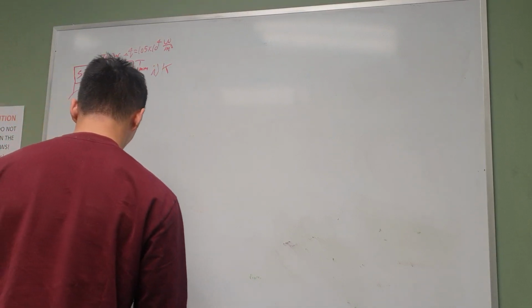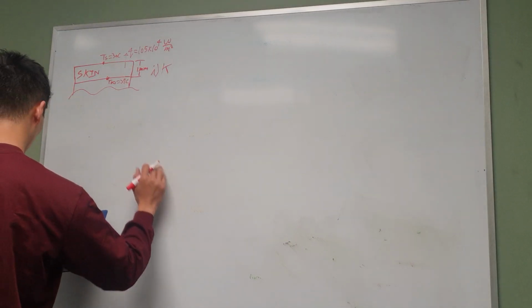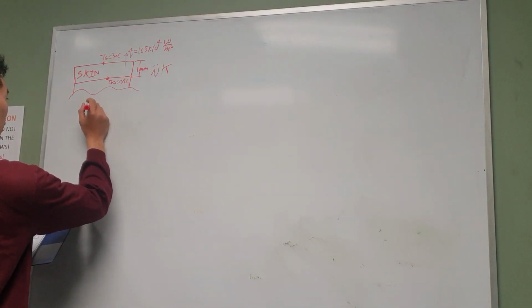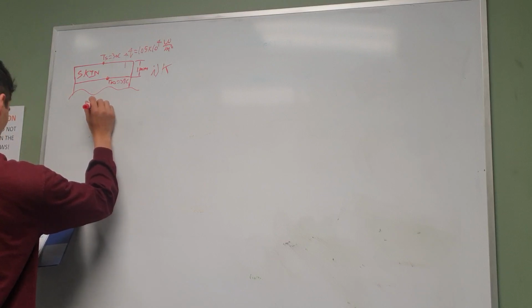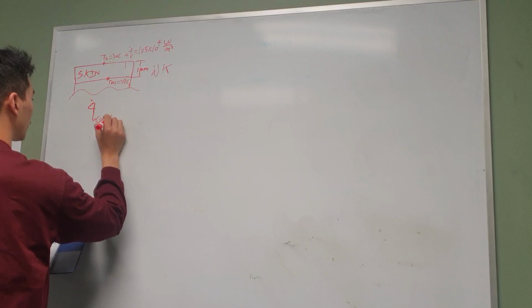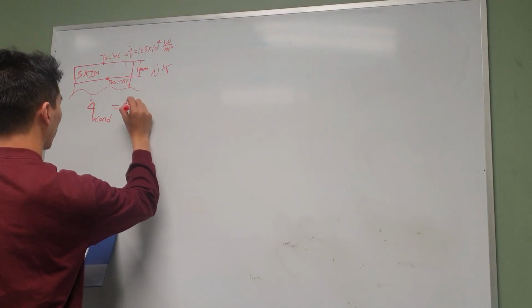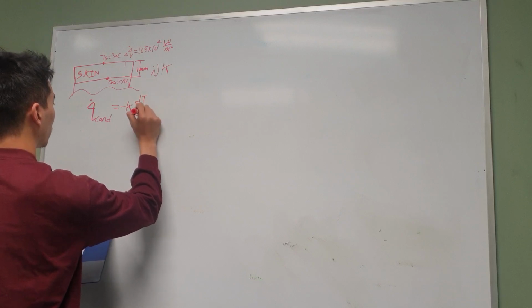We can solve it in two approaches. First, we know the Q conduction is equal to negative K dT over dx.